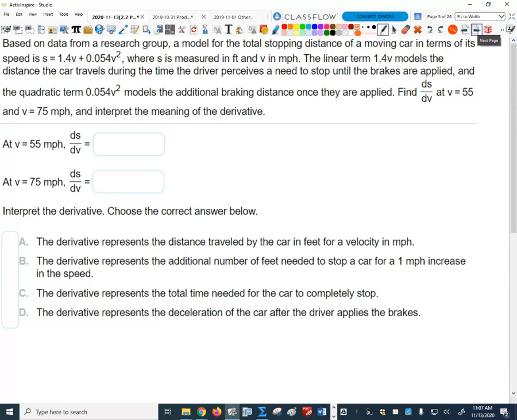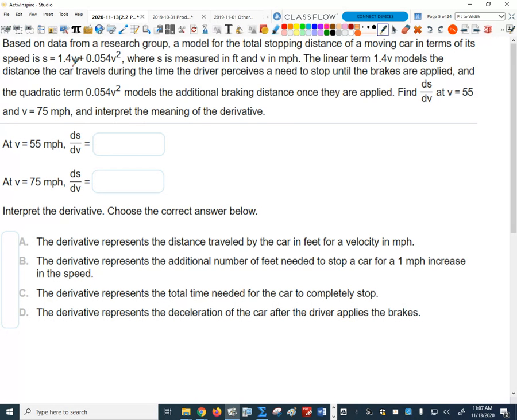Let's try another one. Based on data from a research group, a model for the total stopping distance of a moving car in terms of its speed is this right here. Here's my function. We should really write that as S of V, because the output is stopping distance S and the input is the velocity or speed V, where S is measured in feet and V is measured in miles per hour.